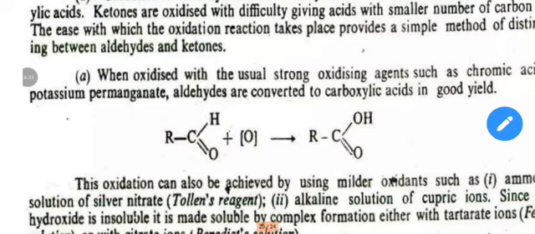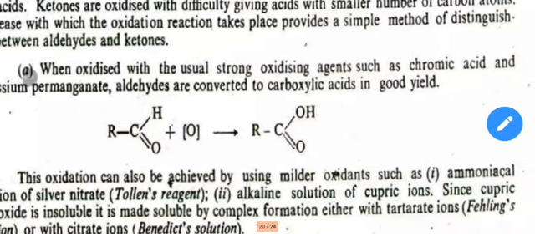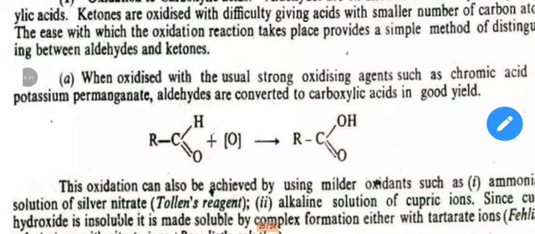When oxidized with the usual strong oxidizing agents such as chromic acid and potassium permanganate, aldehydes are converted to carboxylic acids in good yield: CHO is oxidized, then the product is COOH.